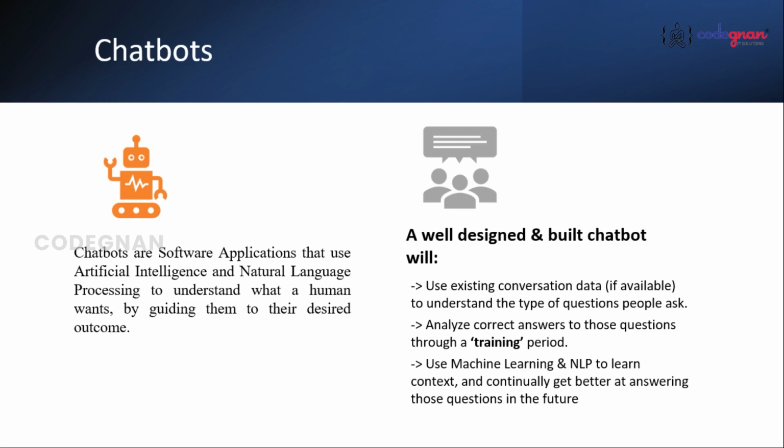Chatbots are software applications that use artificial intelligence and NLP. Artificial intelligence, just break the word. What do you mean by artificial? It's not natural, right? We are natural beings. Those are artificial, which we create, because only the things created by God are natural. Nature is natural. We are creating artificial things.